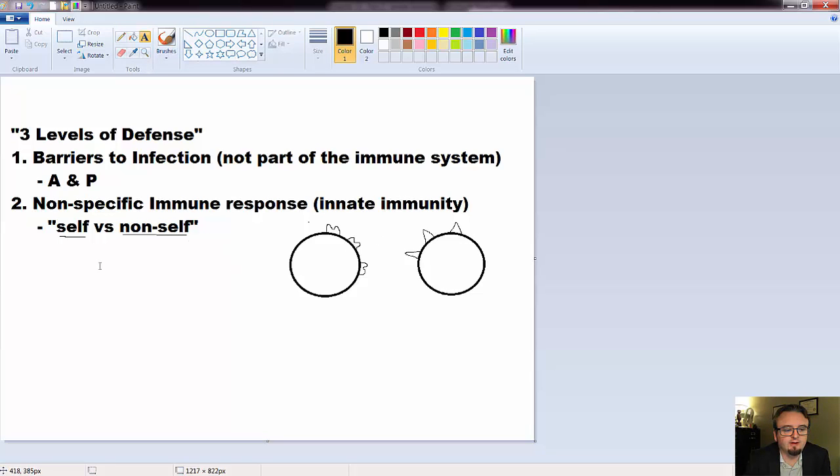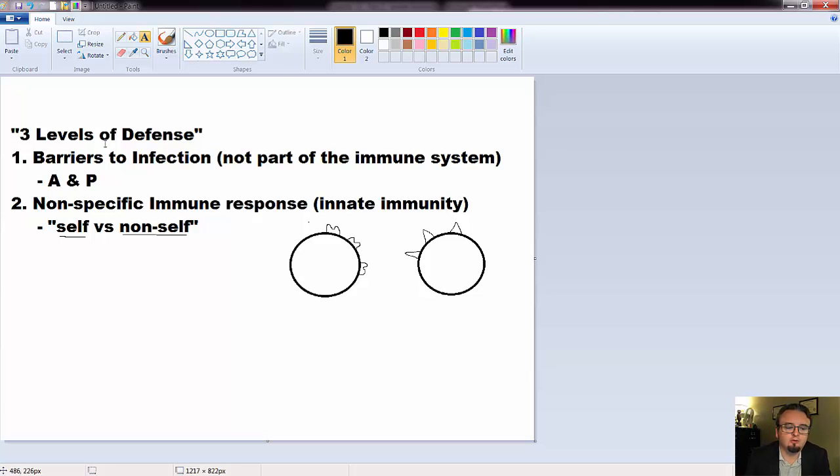Now, it does this in a very discriminatory way. It looks at its own receptors and determines that they are of the body, and anything else that doesn't match those to a certain degree can be considered foreign. Now, there's more to it than that, so I'm generalizing quite a bit here. But in a sense, that's how it works. You either have the matching or you don't, and therefore you're either part of the self or the non-self.